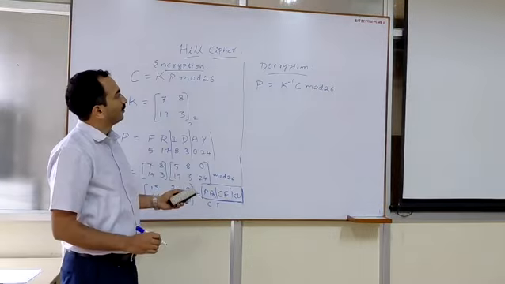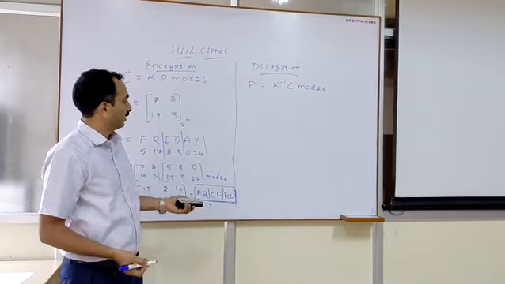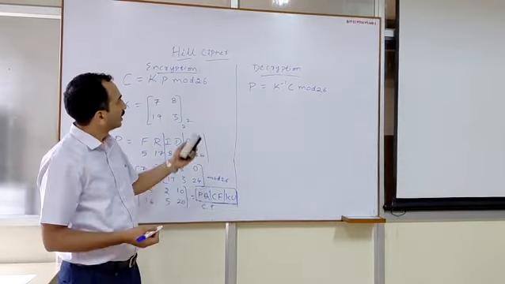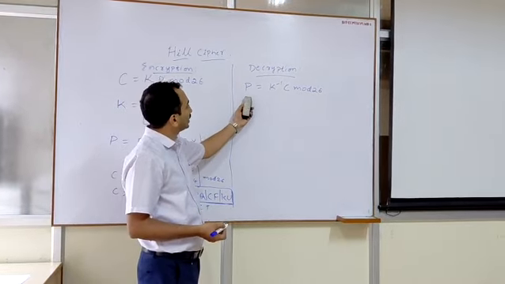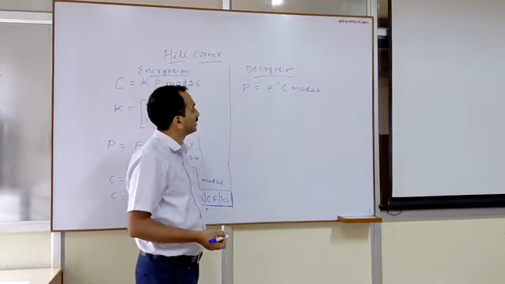If we want to retrieve the data back, the procedure of decryption is that the plain text equals K inverse C mod 26.